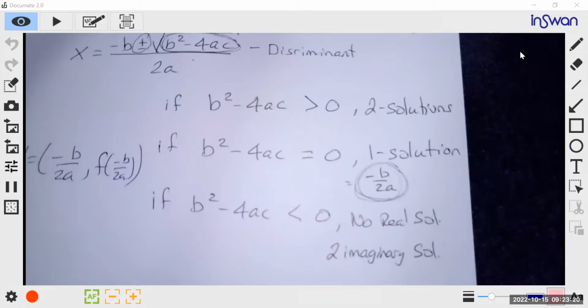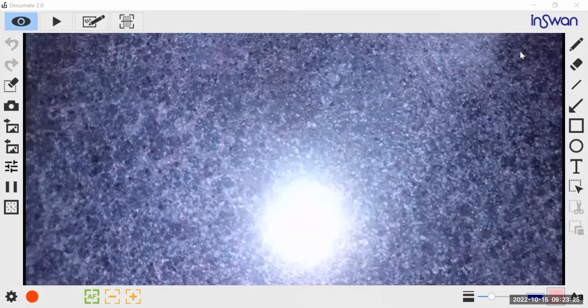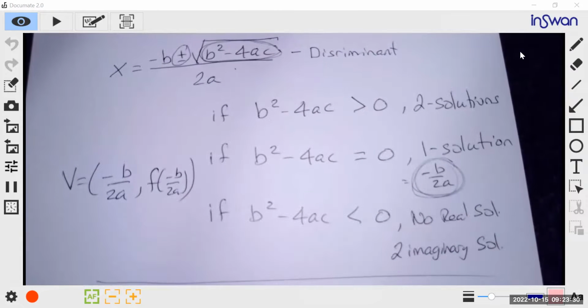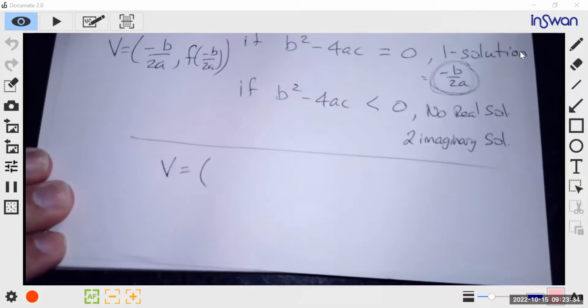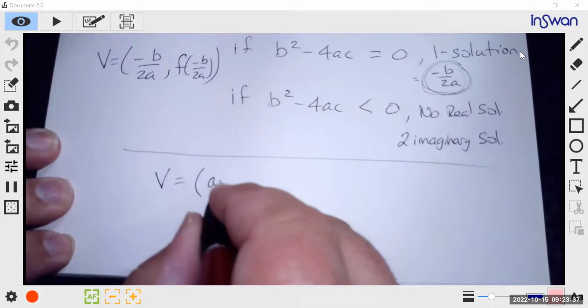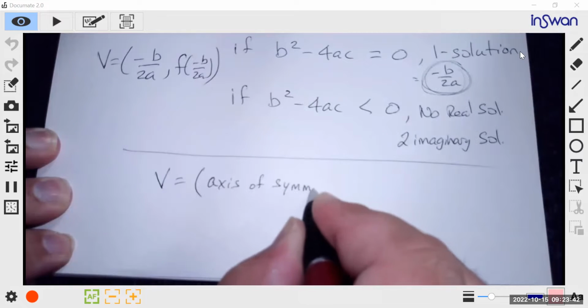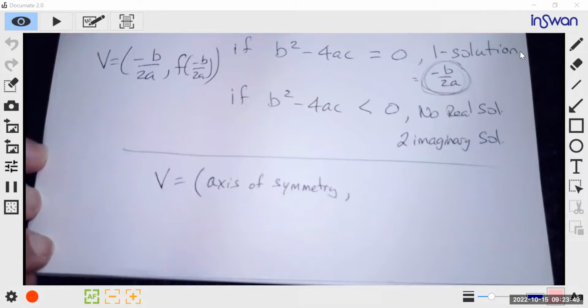Okay, so we talked about the vertex and axis of symmetry. The x value of the vertex is the axis of symmetry. That's the x value, which is negative b over 2a.